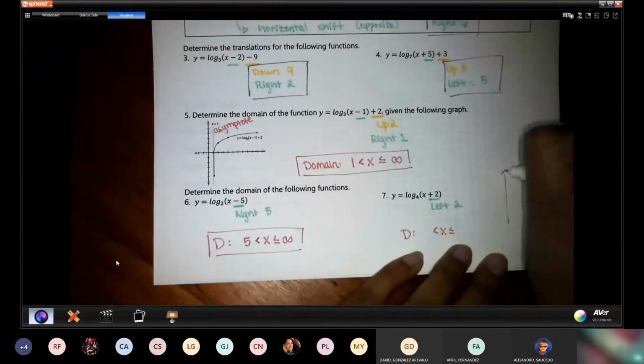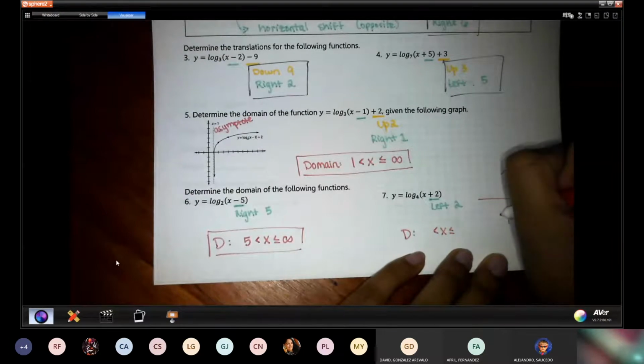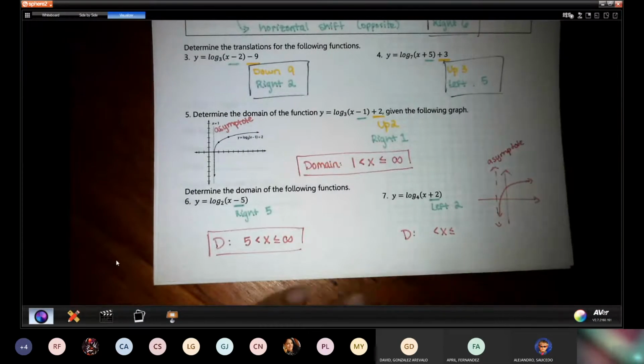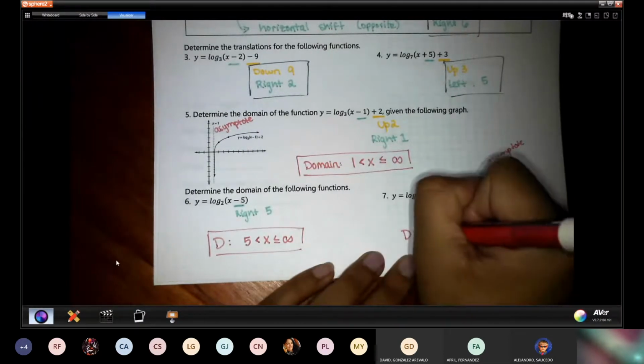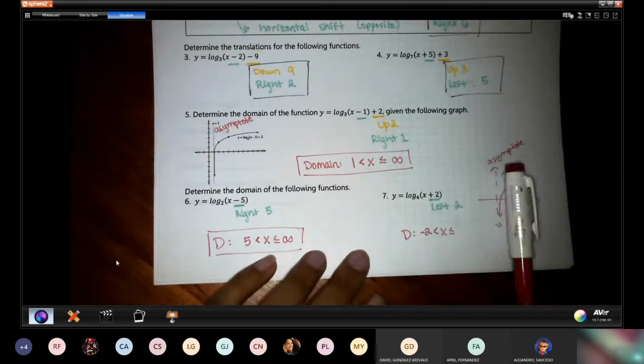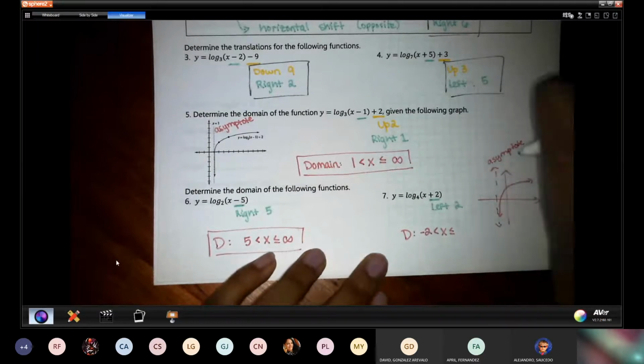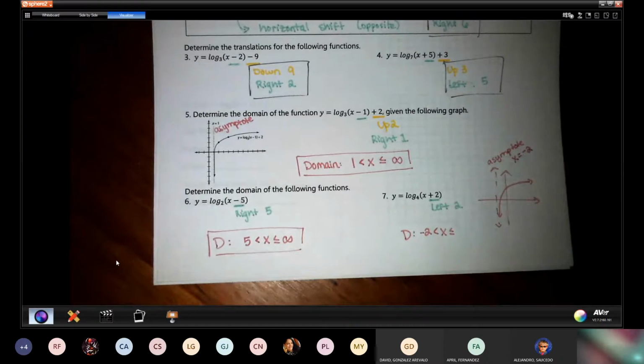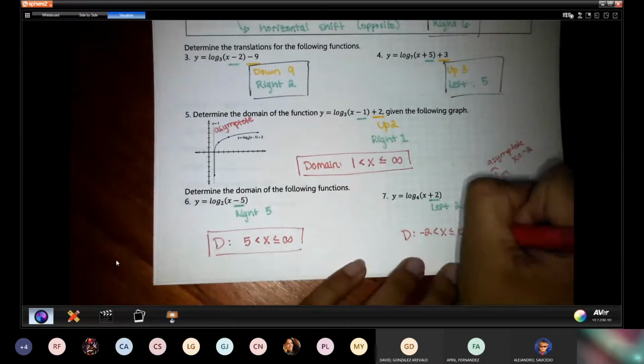Because if we had our graph that looks like this, our graph just moved left 2, so it's like this, and this is our asymptote. -2, very good. Because it moved left 2, so we went from 0. Left 2 is x equals -2. 0 minus 2. Think of it that way if you need to. And then, of course, positive infinity over here.